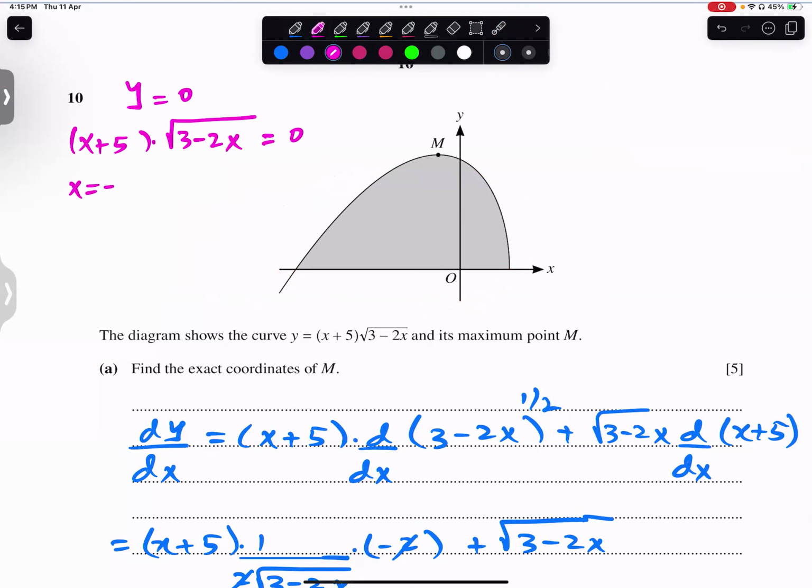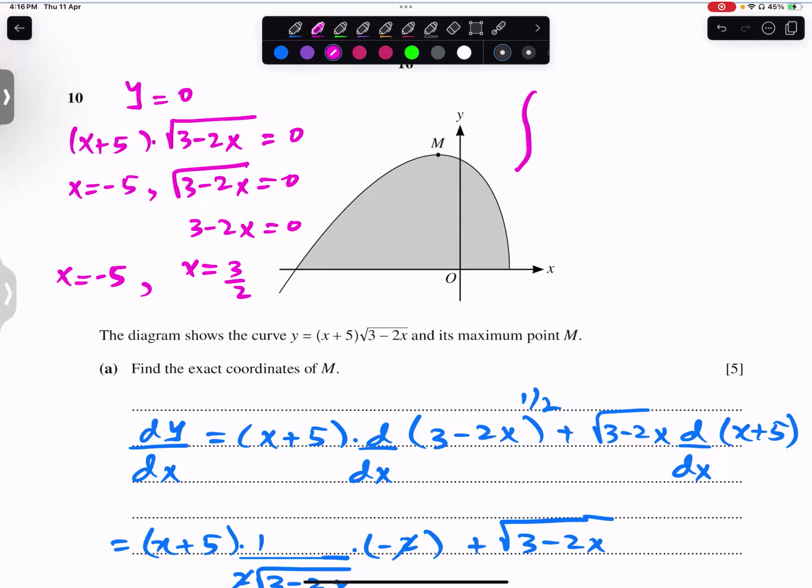So x is equal to minus 5, and x is equal to, let me tell you how I'm doing this. So 3 minus 2x is 0. So x is equal to 3 by 2. So these are the possible values of x.